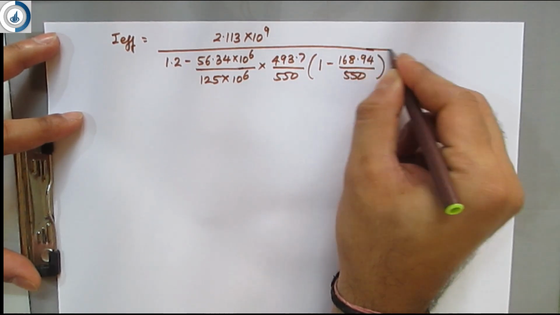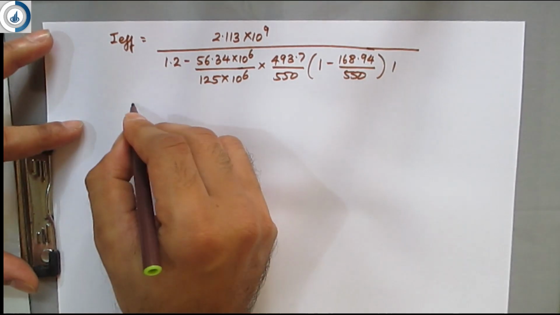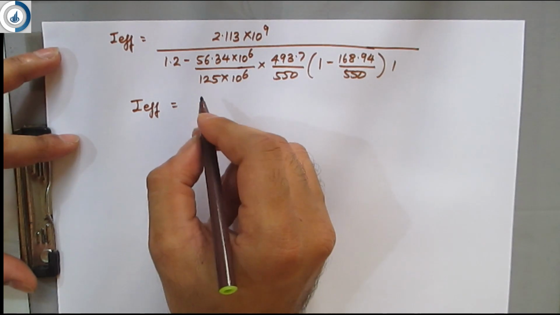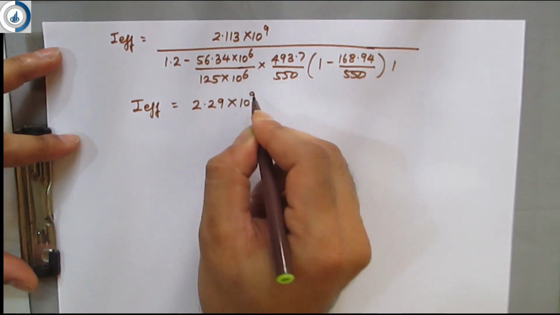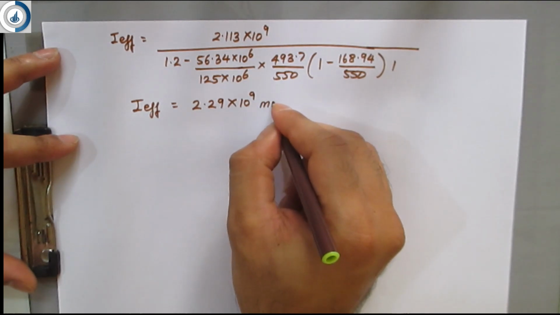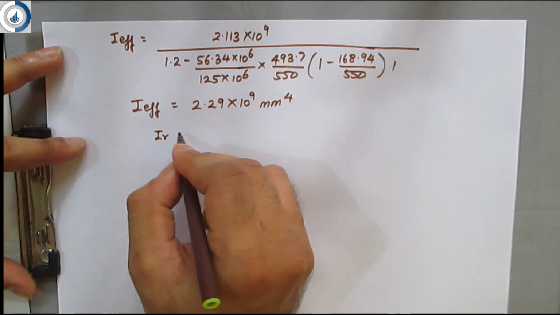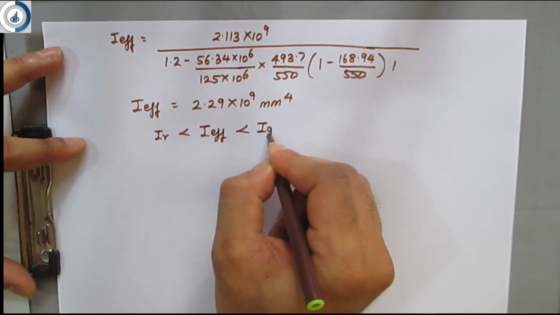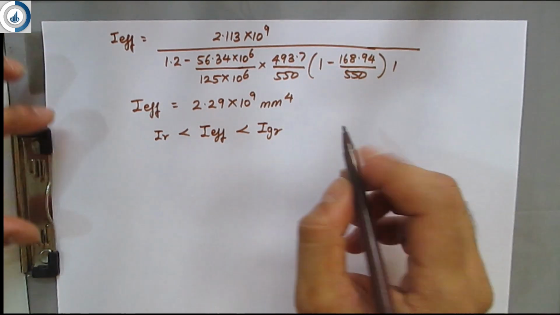It is not a flanged and webbed section, that's why BW by B is 1. So once you put this in your calculator, you will be getting 2.29 into 10 raised to 9 mm raised to 4. So hence our IR is less than IEFF is less than IGR. So it satisfies all the things, so we can proceed with the problem.